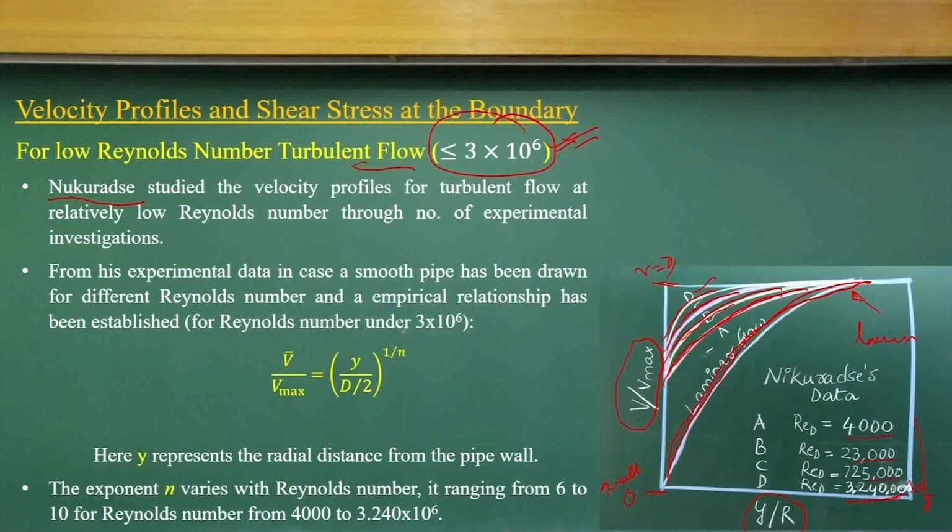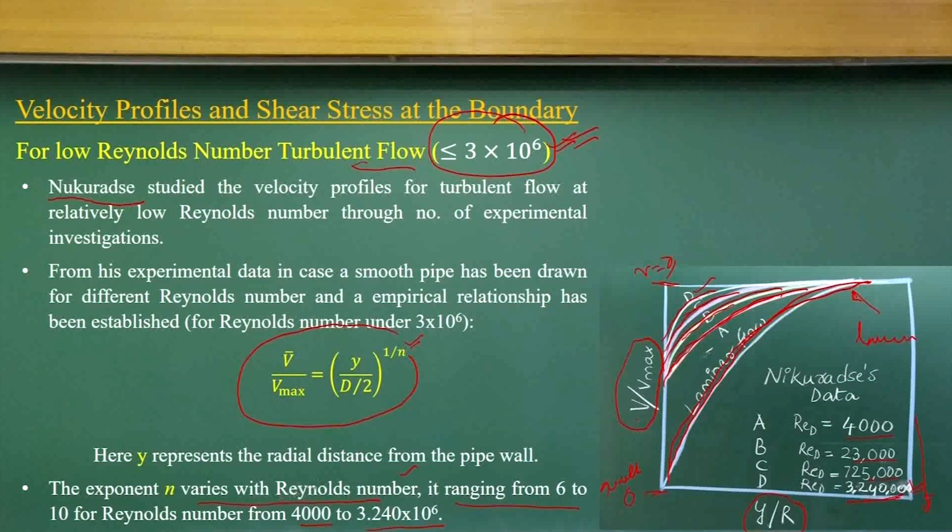So, to quantify the relationship for this type of velocity distribution, v by v max, it establishes a relationship with y by d by 2, or y by radius, to the power 1 by n. It is fitted with a data curve, and finally we find that n varies with the Reynolds number. It ranges from 6 to 10 for Reynolds numbers from 4,000 to 3.2 million.